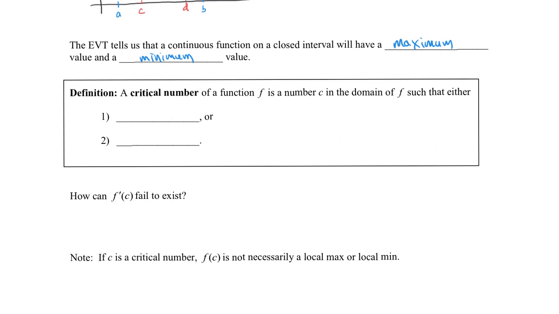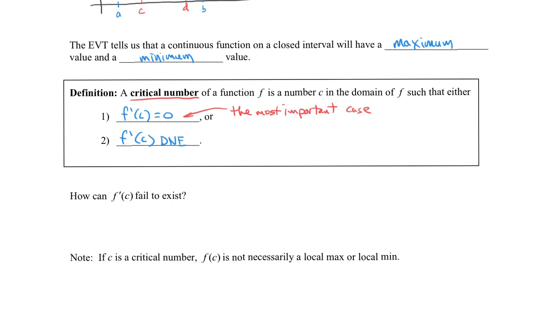Now of these two, the first is by far the most important case. Usually, if the derivative doesn't exist at a point, it's not going to be a point that we're interested in when it comes to optimizing problems. But the definition of a critical number is the point c such that either of these occurs. So we'll have to check for these quite often.